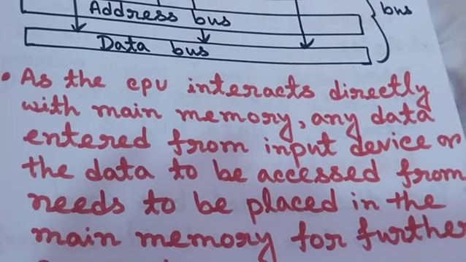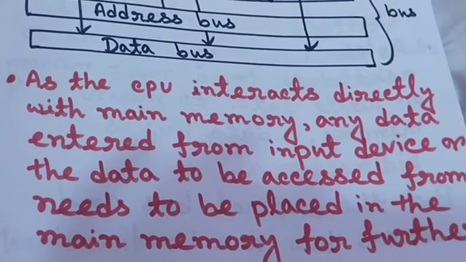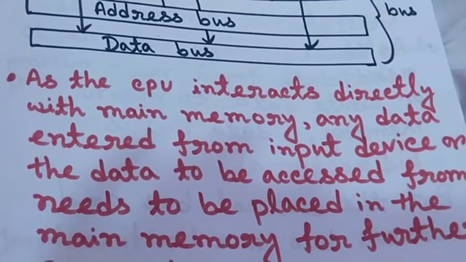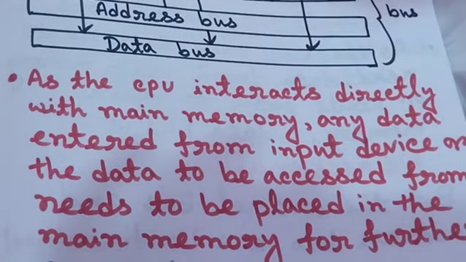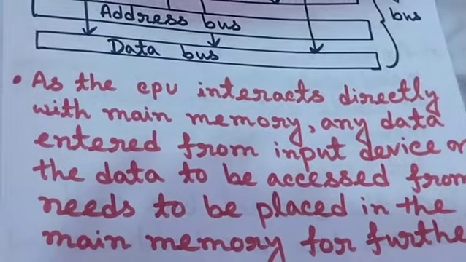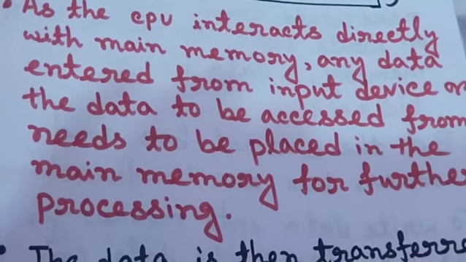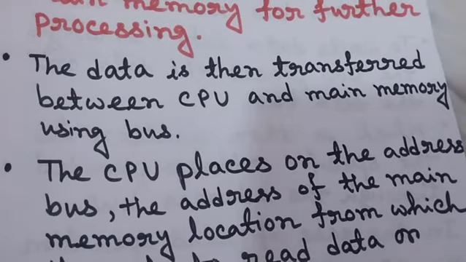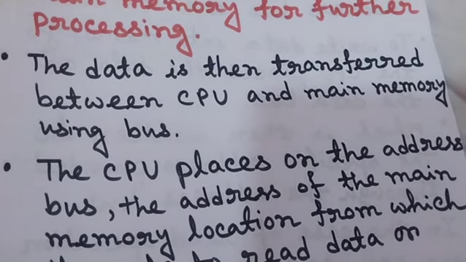As the CPU interacts directly with main memory, any data entered from an input device or the data to be accessed needs to be placed in the main memory for further processing. The data is then transferred between CPU and main memory using bus.